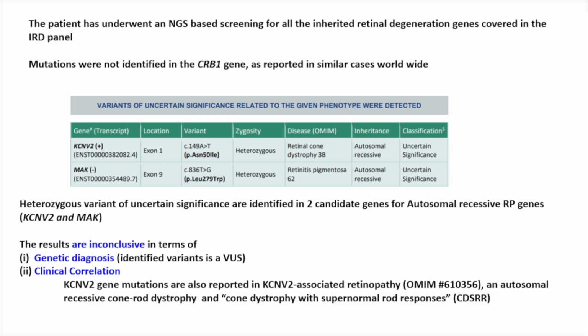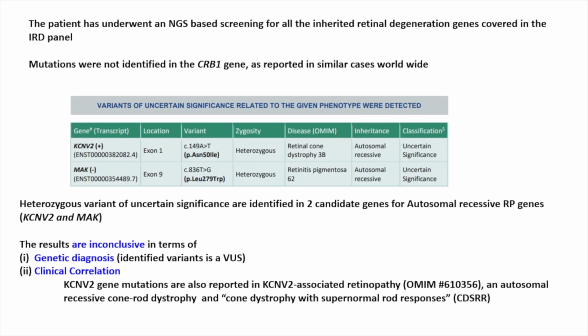So if you see the table here, it lists the gene, the location of the mutation, the details of the variant, the zygosity, the disease already associated with this gene, the inheritance pattern based on the literature, and the classification of this variant.